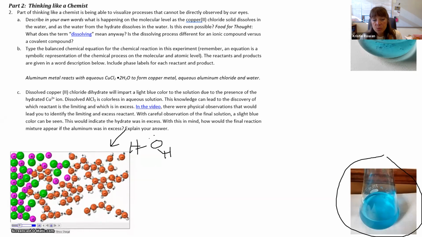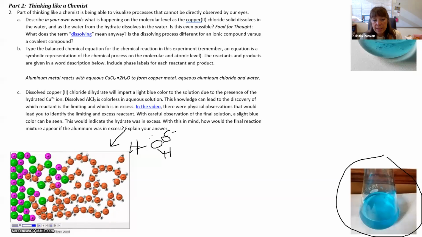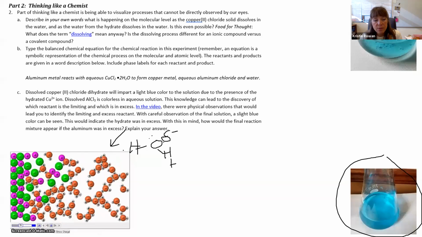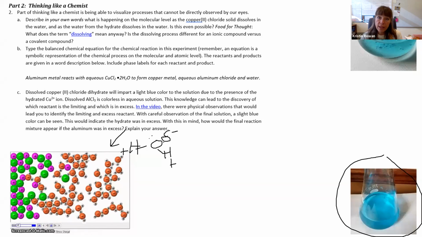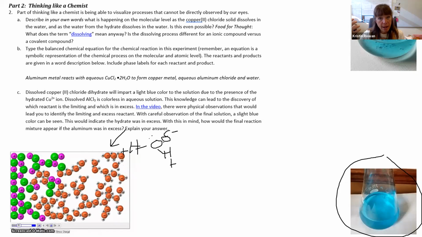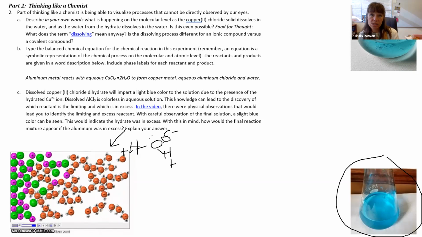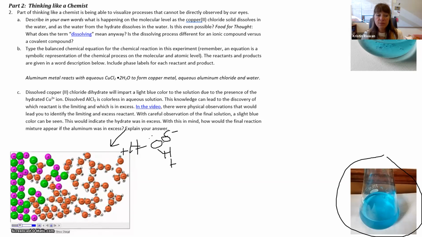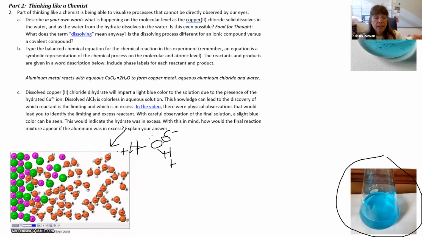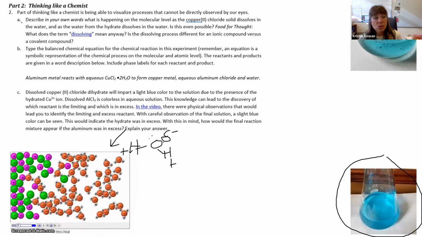And then it has the oxygen, which has a partial negative area, and these have positive areas. Water can then pull away cations via its oxygen, or it can pull away anions via its hydrogens. This GIF doesn't do a great job showing that, but that's what this question was supposed to say.